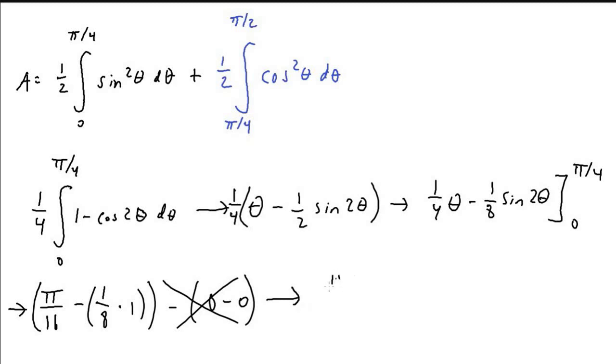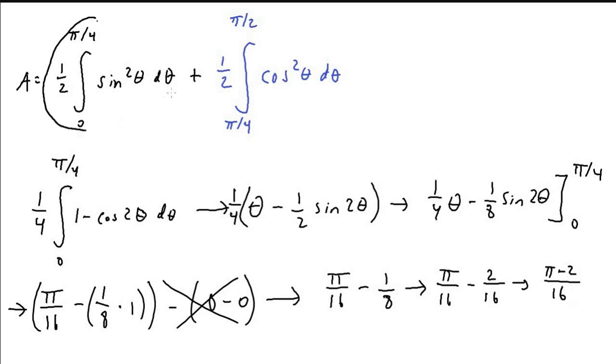So we're left with pi over 16 minus 1 over 8. And if I want to combine those two fractions, we do pi over 16 minus 2 over 16. So then we'll get pi minus 2 over 16 as the integral from 0 to pi over 4 of sine squared of theta times 1/2.